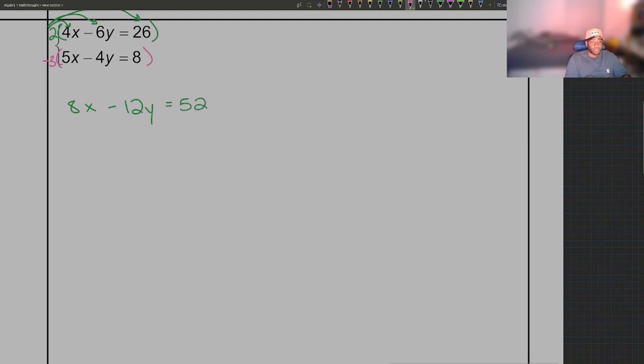Down below, -3 times 5x is -15x. -3 times -4y, that gets us our +12y we wanted. And -3 times +8 is going to get us -24. Everything is set up now so that when we add these two equations together, the y's are going to go ahead and cancel out.